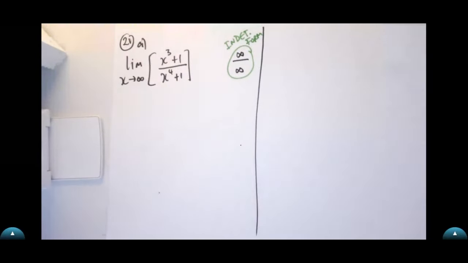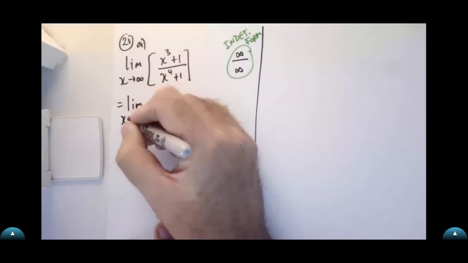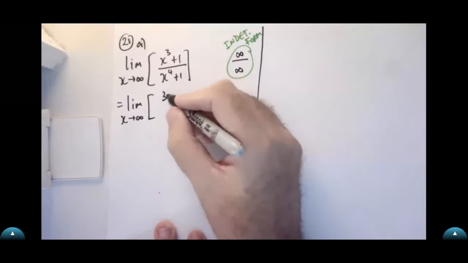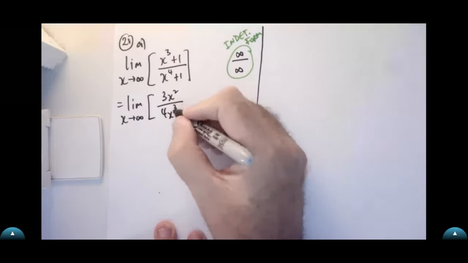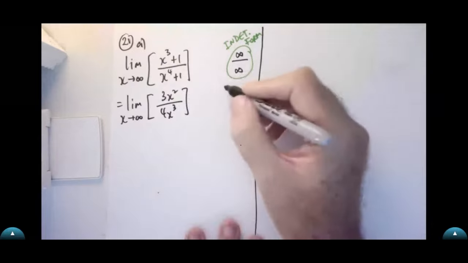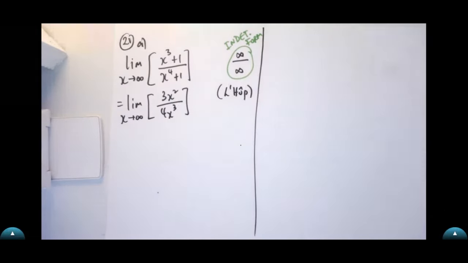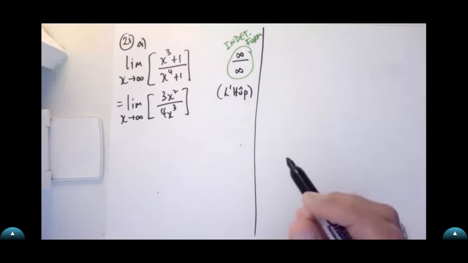So these are polynomials. We know that they satisfy the conditions of L'Hopital's rule. So what we can do is differentiate the top, differentiate the bottom, and you're going to get some cancellation there.